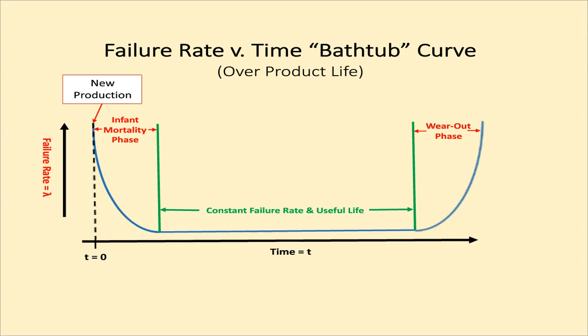And on the horizontal axis is time. Infant mortality, products have initial defects that cause initial problems, but the failure rate decreases rapidly to a constant failure rate phase. And if a product is used long enough, it'll start wearing out, and you'll see the failure rate increase at a fairly rapid rate again.